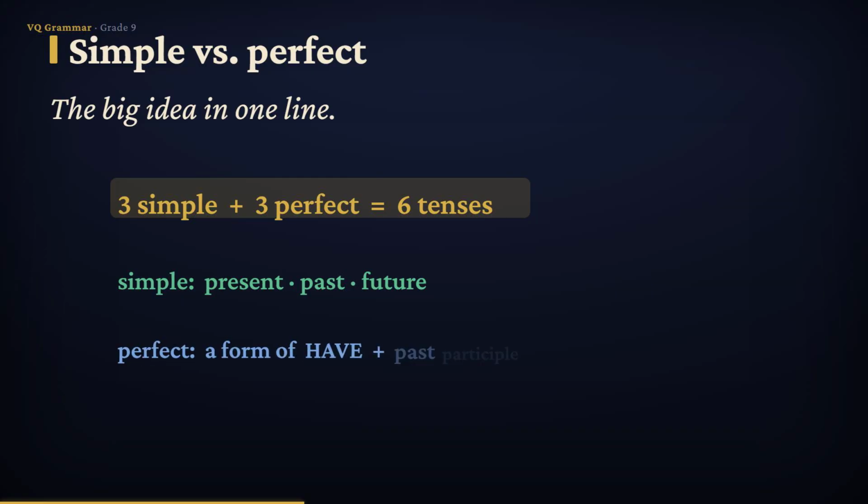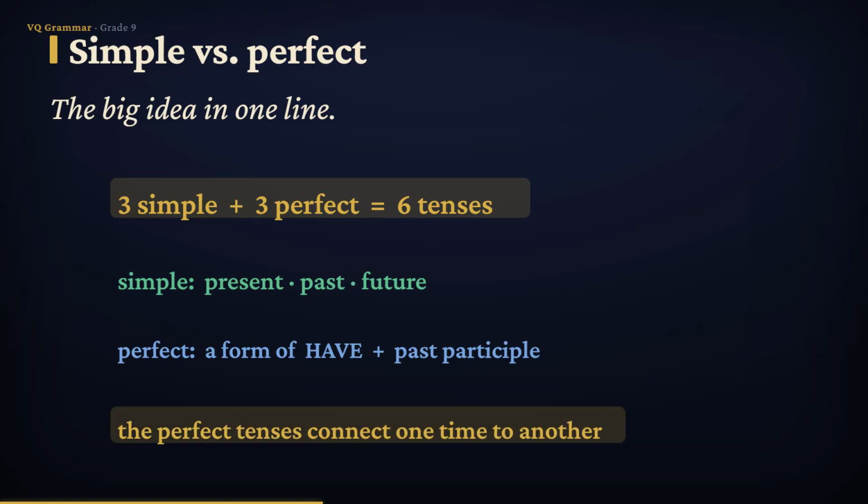They take a form of have and add the past participle, and that little have is what turns a simple tense into a perfect one. And why bother? Because the perfect tenses connect one moment to another. They say this action was already complete by the time that other thing happened. Simple tenses point to a time. Perfect tenses link 2 times together.